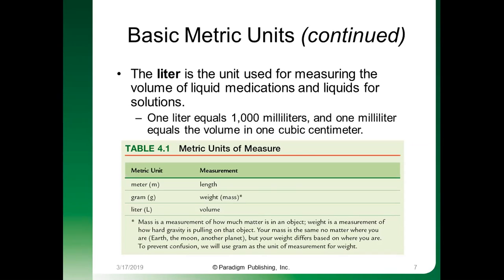So this is the table 4.1 that we were talking about earlier, where the metric unit is meter, referred to by the symbol M, and the measurement is length. Grams, seen with the G, and the measurement would be weight. And then we have liter with the capital L, measuring volume.